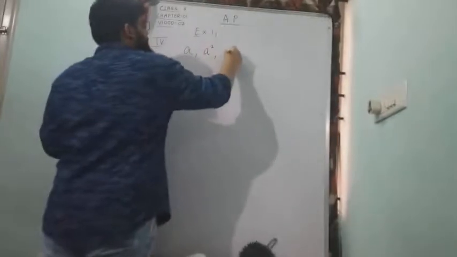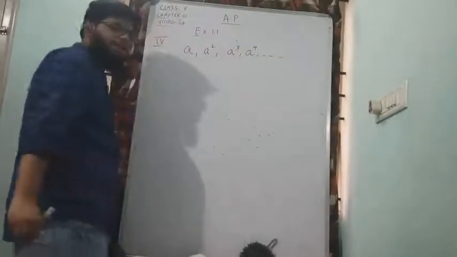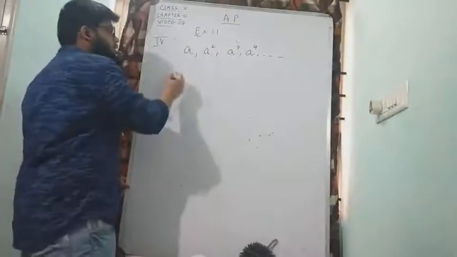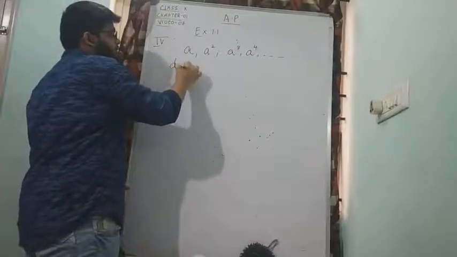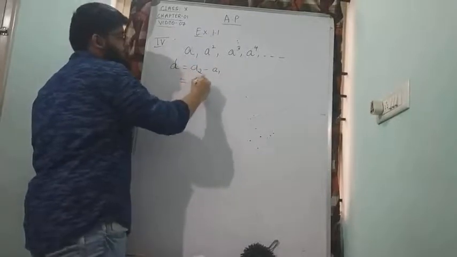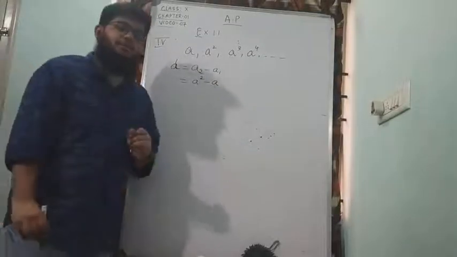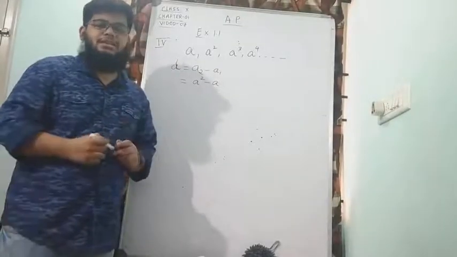A square, A cube, A to the power 4, etc. So let us find out the first difference, which is A2 minus A1. A2 is A square minus A1 is A. Now let us go with little basics.